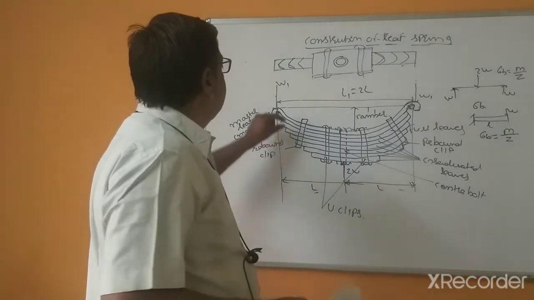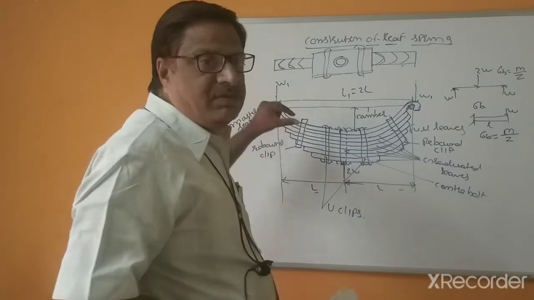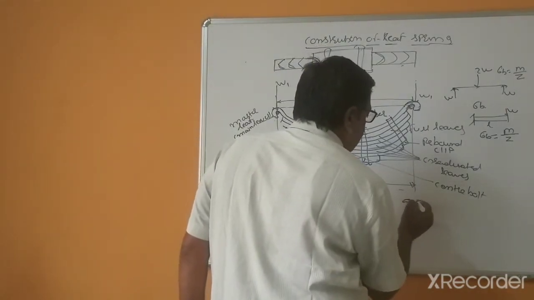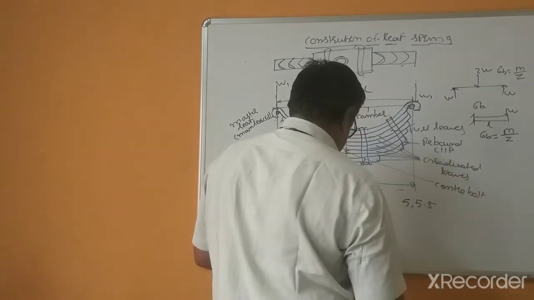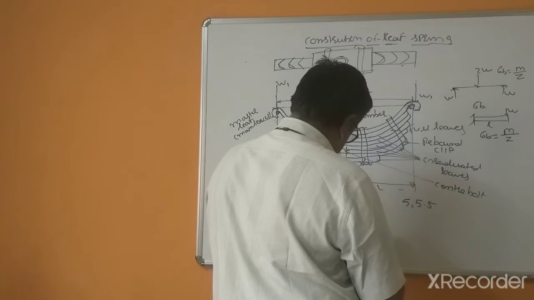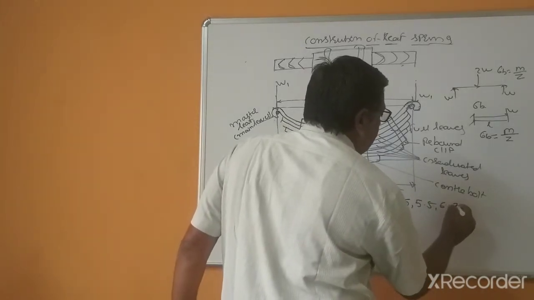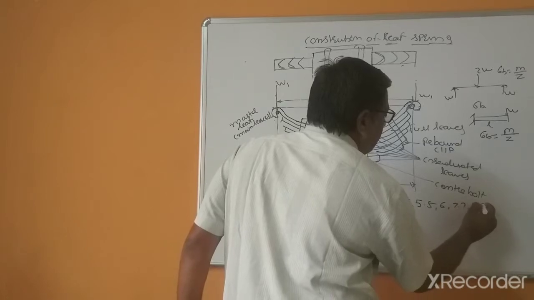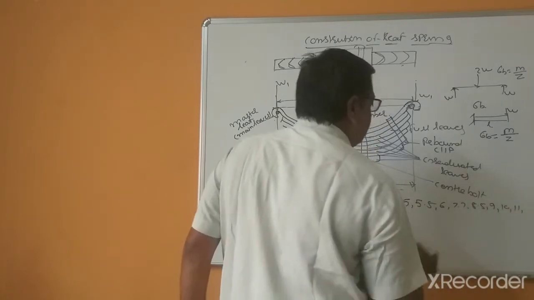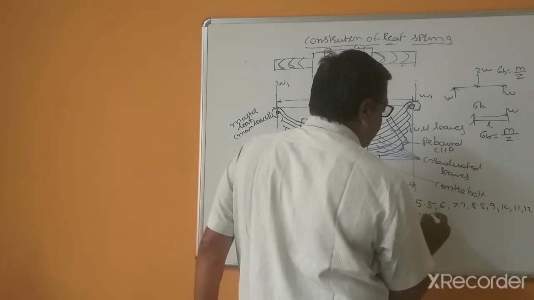So these are the flat plates. The thickness may be 5 mm, 5.5, 6, 7, 8.5, 9, up to 10, 11, 12, likewise.